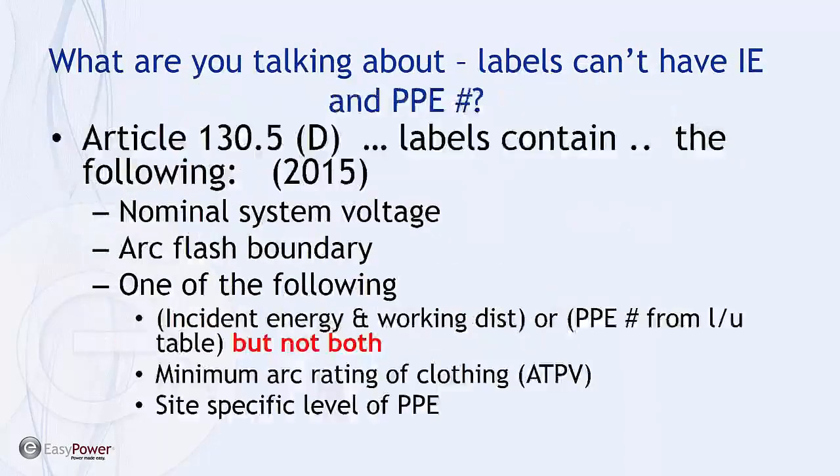As soon as I covered that discussion, the next question that pops up is, what are you talking about? Labels can't have incident energy and PPE categories on them? Answer is correct.